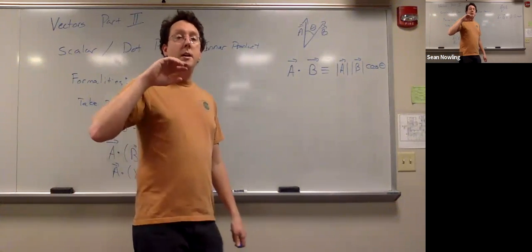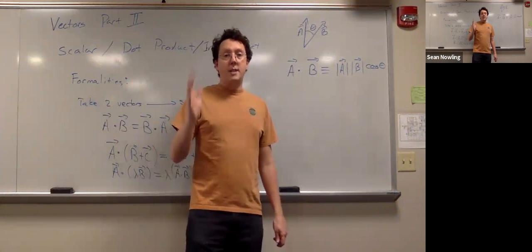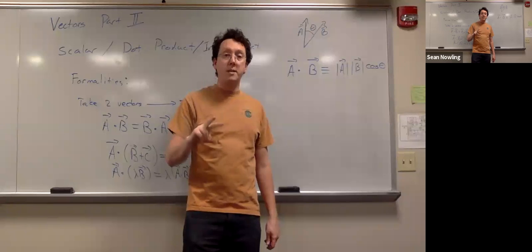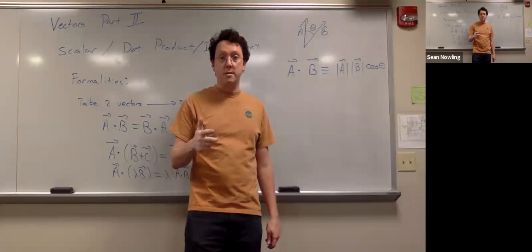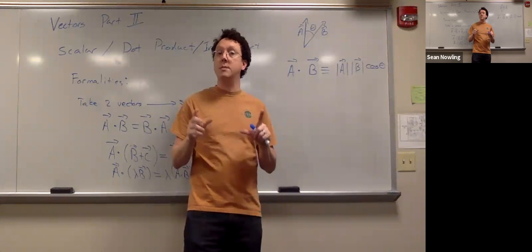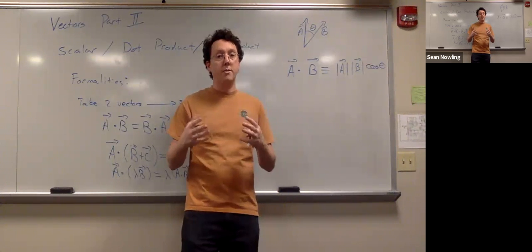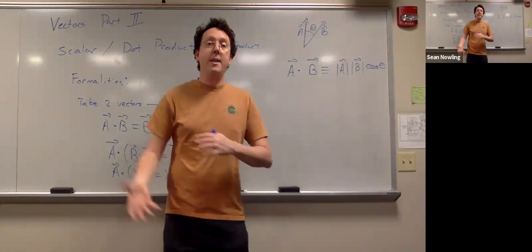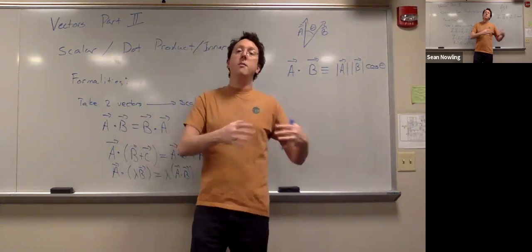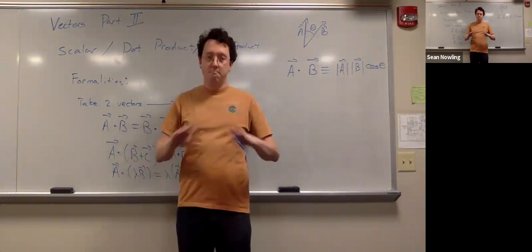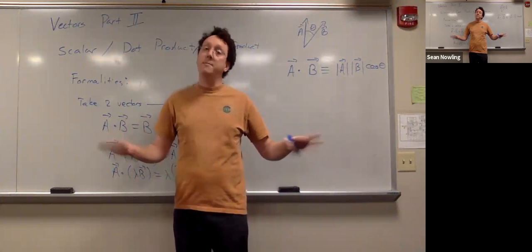Specifically, if we can figure out the dot product between two basis vectors, unit vectors, and remember we already know their angles because they're perpendicular, the angle between them is 90 degrees. So if we can work out the dot product between all of the basis vectors, and then express every other vector in terms of the basis vectors, we can figure anything out.